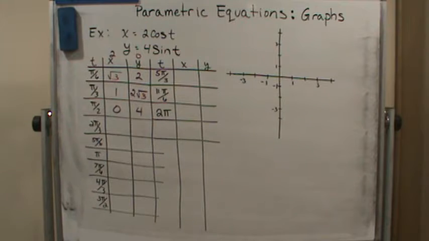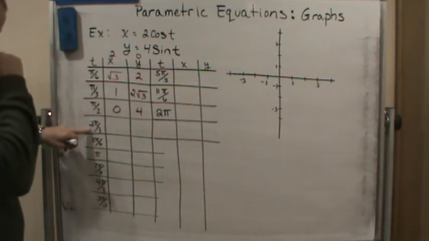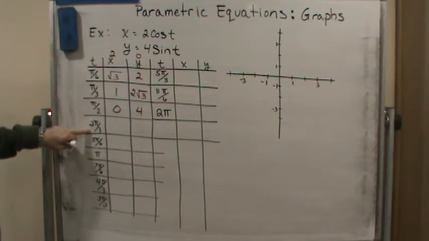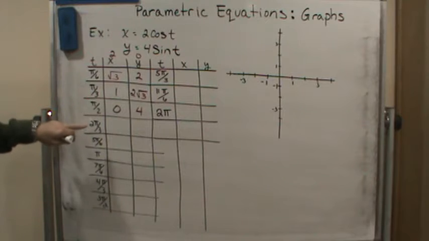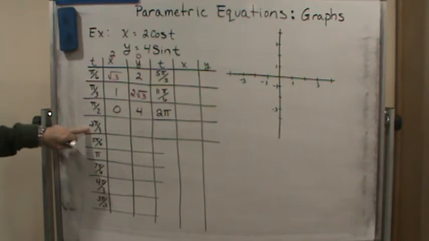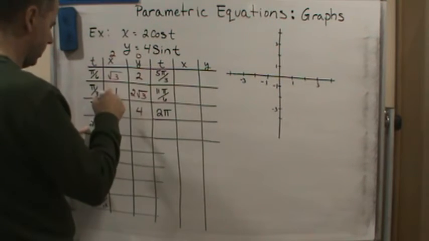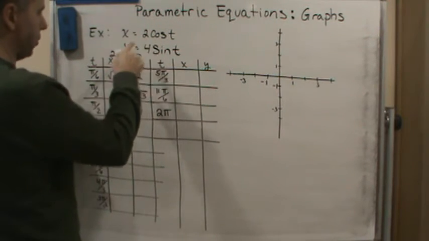Okay. And then the next one is, this is now in the second quadrant. So that means cosine is negative. So this is cosine of 60 degrees, which is going to be 1 half, but it's negative 1 half times 2.